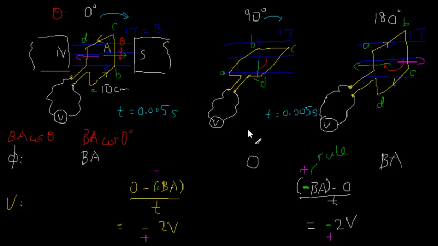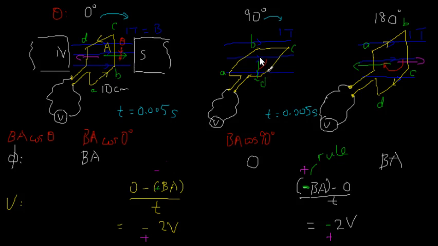And in this case, you have BA cosine 90 degrees. If you remember, the purpose of adding the cosine is to find the component of B, the magnetic flux density, along the direction perpendicular to the surface or the coil.